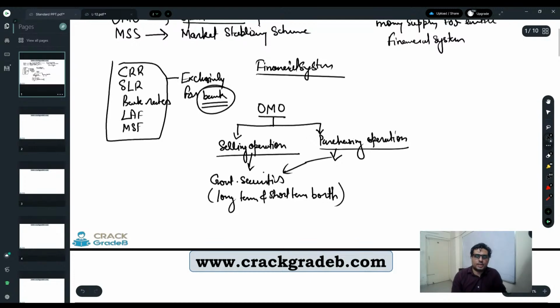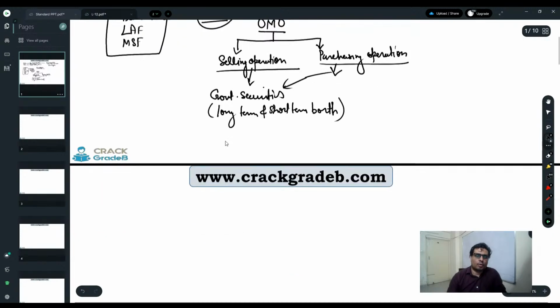Whether it is selling or purchasing, RBI is selling or purchasing government securities. Whatever government securities are available in the market, RBI is going to purchase them. And selling operation means what? RBI has certain government securities, and those government securities are going to be sold by RBI in the market, right?